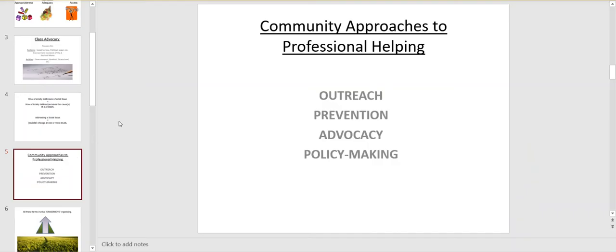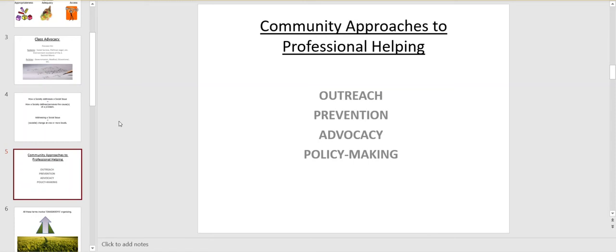So again, the four major ways that class advocacy takes place is through outreach, prevention, advocacy, and policy making. Each one of these activities often is occurring both sequentially and concurrently with each other.